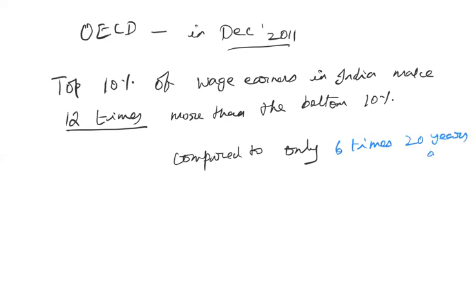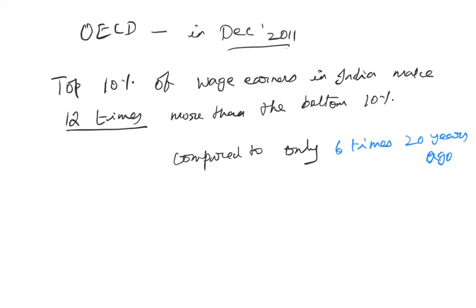That means what? 20 years ago, the top 10% wage earners were making only 6 times more than the bottom 10%. But now, in 2011, they are making 12 times more than the bottom 10%. That means the income inequalities in the country have doubled.